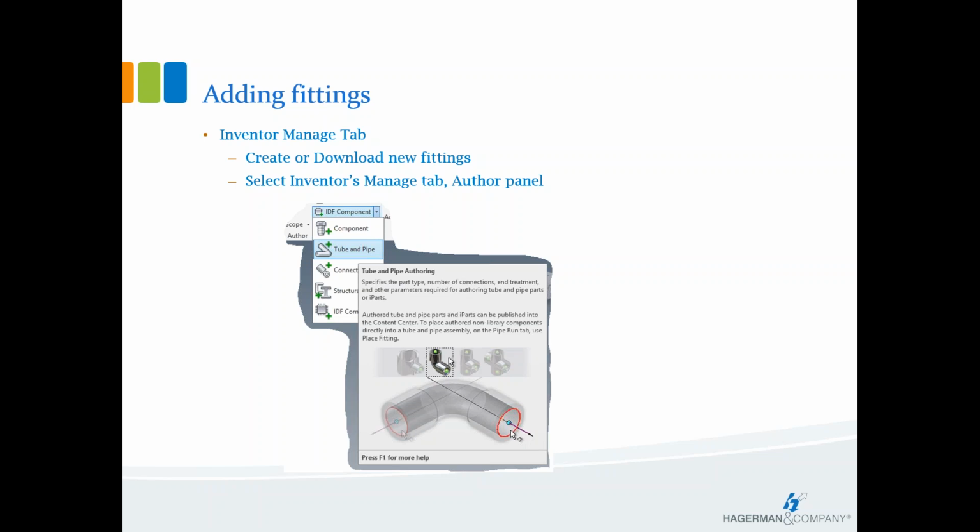So we can get those, and we can author those to go into the Content Center and be used for tube and pipe. That's definitely something we would cover in a class. It's not a terribly complicated process, but we certainly can go through those.